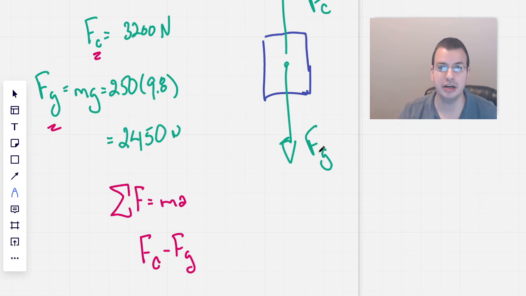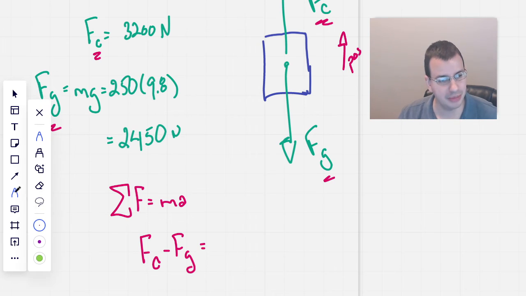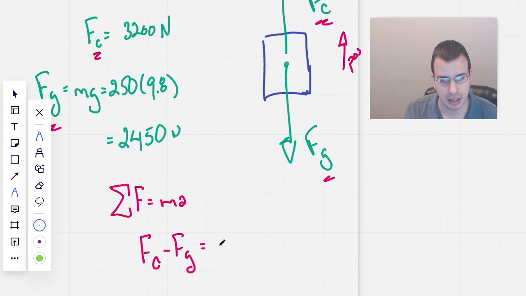The key idea here is that force crane and force gravity are going to have opposite signs because they're going in opposite directions. And then I'm going to choose the force crane as being the positive direction. And that's why I have force crane as positive. For some people, it's obvious, you don't need to mention it. It's true, but sometimes the technical details are important.